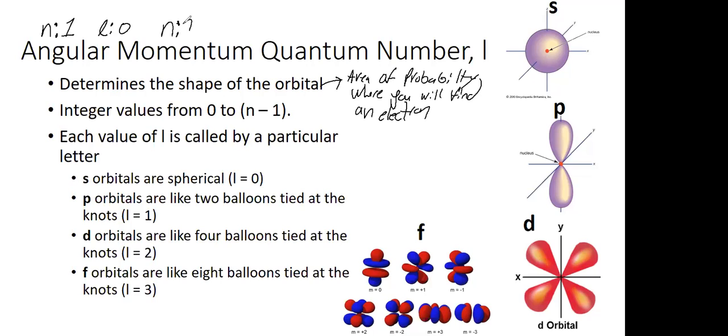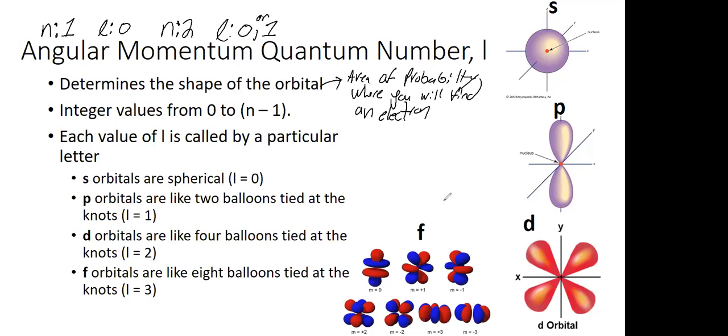If it's at the second energy level, n equals 2, it can have two possible l values. It can have an l value of 0, or it can have an l value of 1. If I'm at the second energy level as an electron, my l can either be 0 or it can be 1. Either or, can't be both.